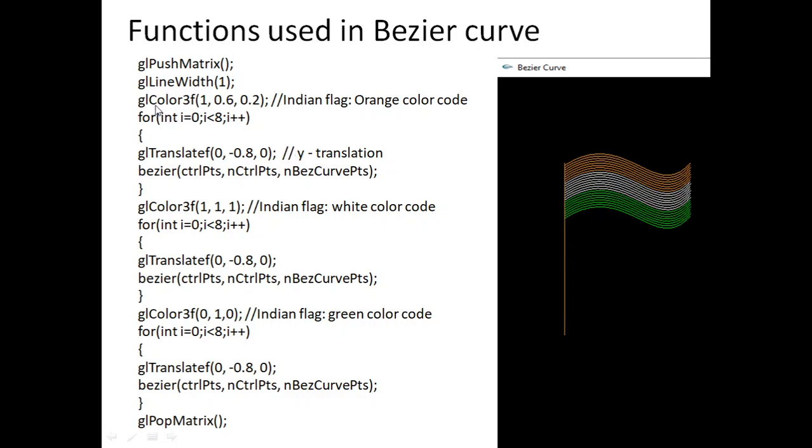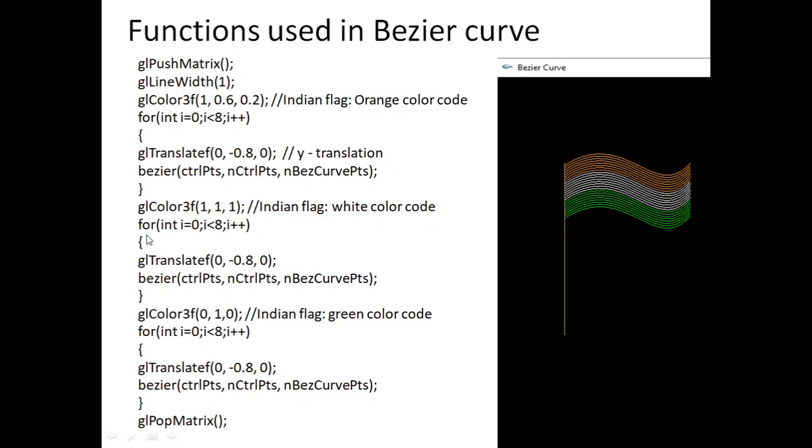You can see the line width is for the curve line. By adjusting the line width you can draw a thick curve and a thick pole, this pole. Color: we are setting three different colors. First orange color, here white color in the middle, and here we are setting green color. So three colors we are setting by using the glColor3f function.